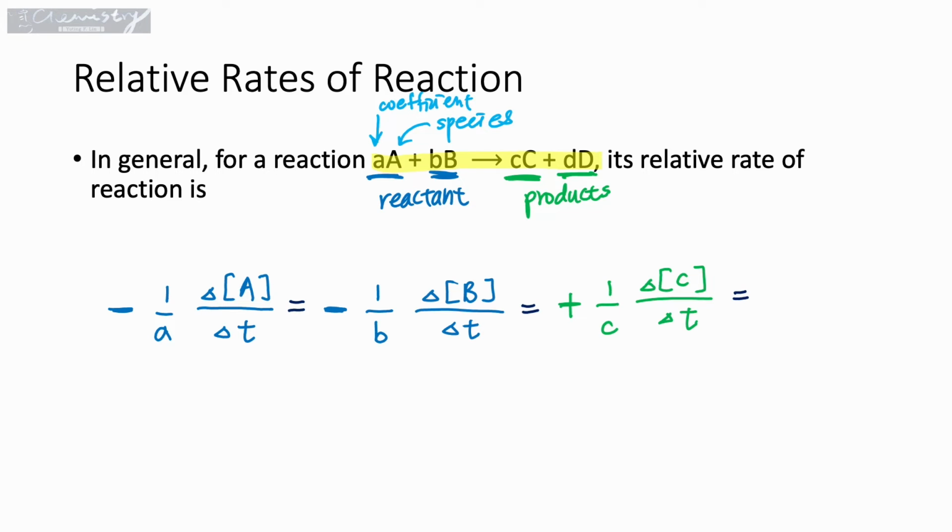And this is also going to equal, again, for D, a positive value because it's a product, and then the change in the concentration of D over change in time. So this is how they are all related to each other.